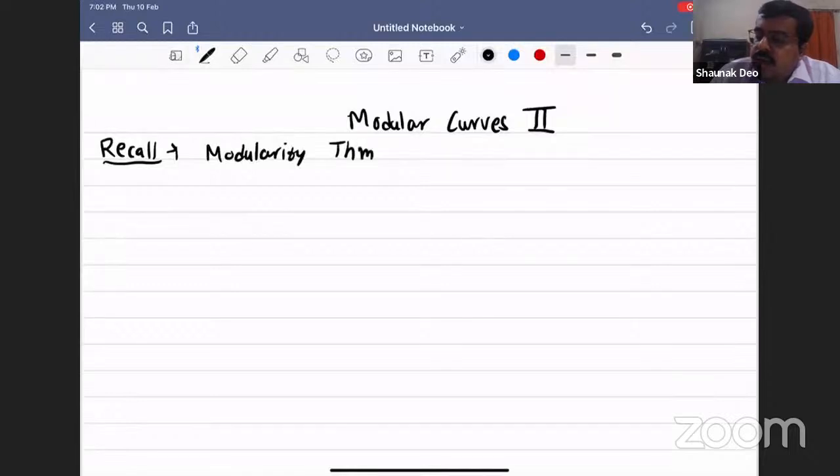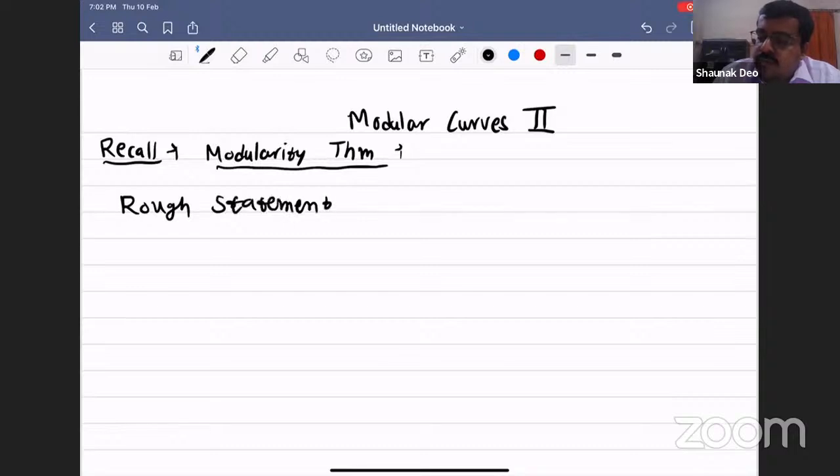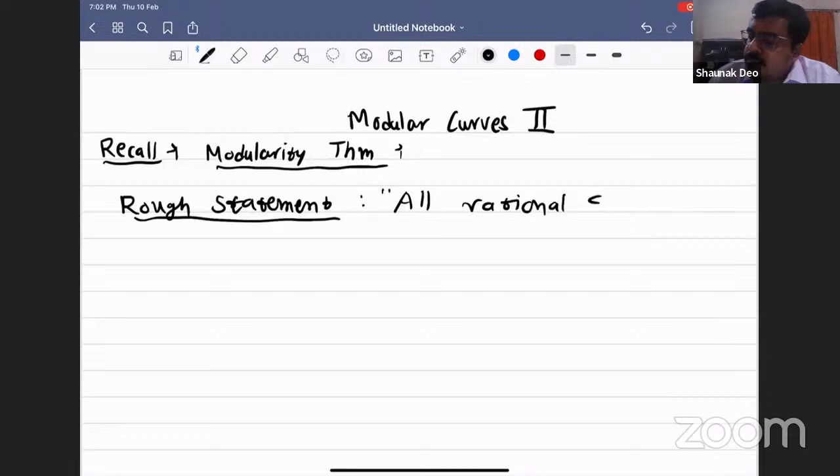We were interested in looking at the modularity theorem, and a rough version I had given last time was the following. A rough statement, if somebody asks you for a slogan, what's a modularity theorem? A slogan or a rough statement would be that all rational elliptic curves arise from modular forms.